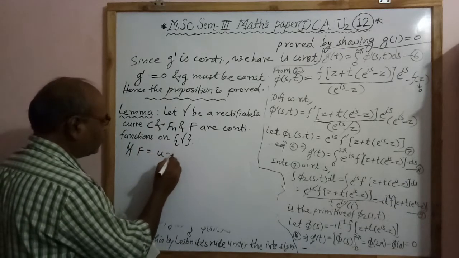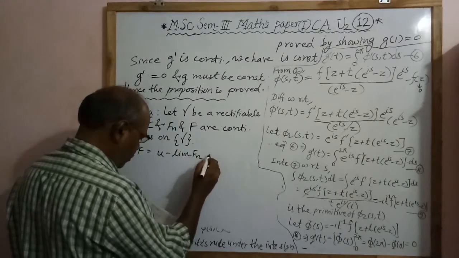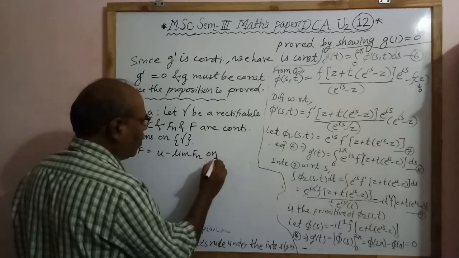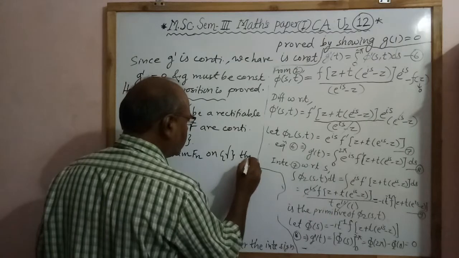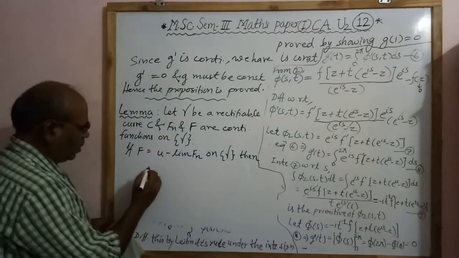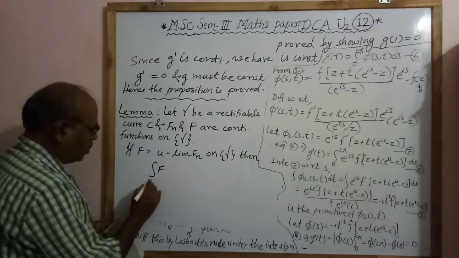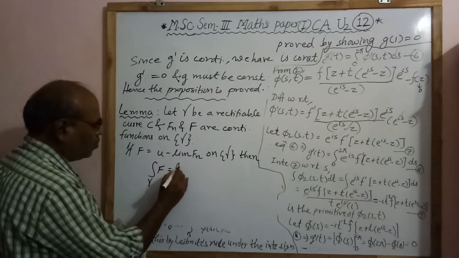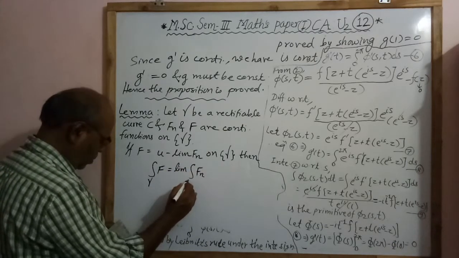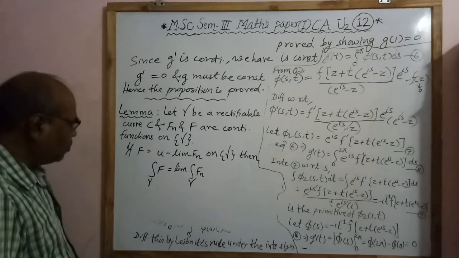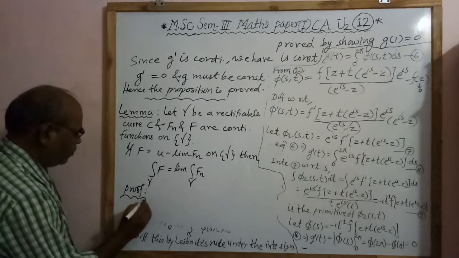If f equals the uniform limit of fn on gamma, then we have to prove that the integration of f over the curve gamma equals the limit of the integration of fn over the curve gamma. This is the proof of the lemma.